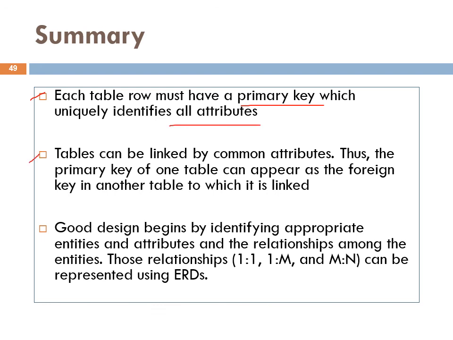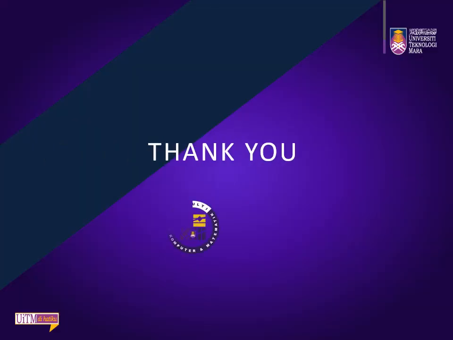Tables can be linked by common attributes. Thus, the primary key of one table can appear as a foreign key in another table to which it is linked. Good design begins by identifying appropriate entities and attributes and the relationships among the entities. Those relationships, one-to-one, one-to-many, and many-to-many, can be represented using ERD. I think that's all for the part 1 video.